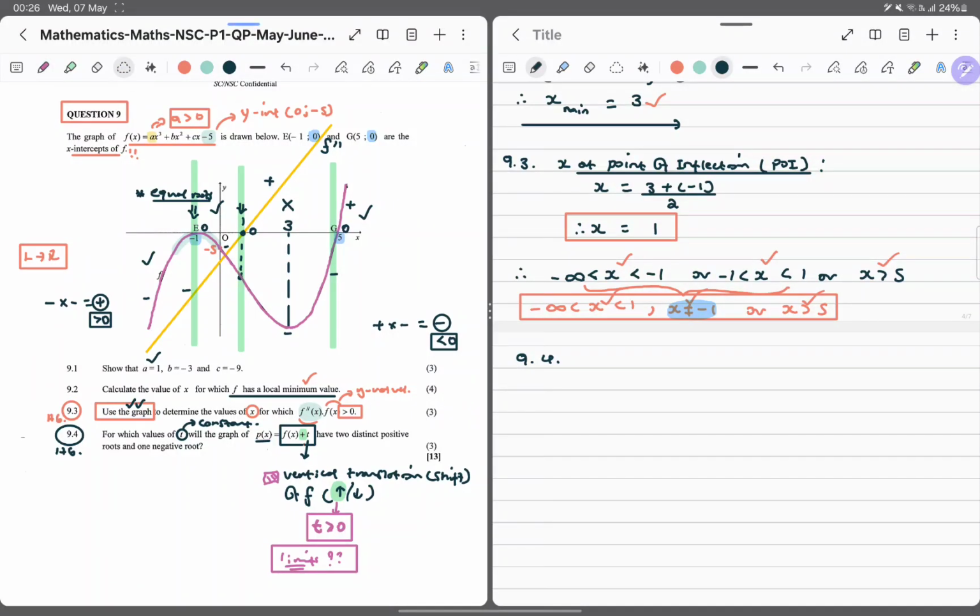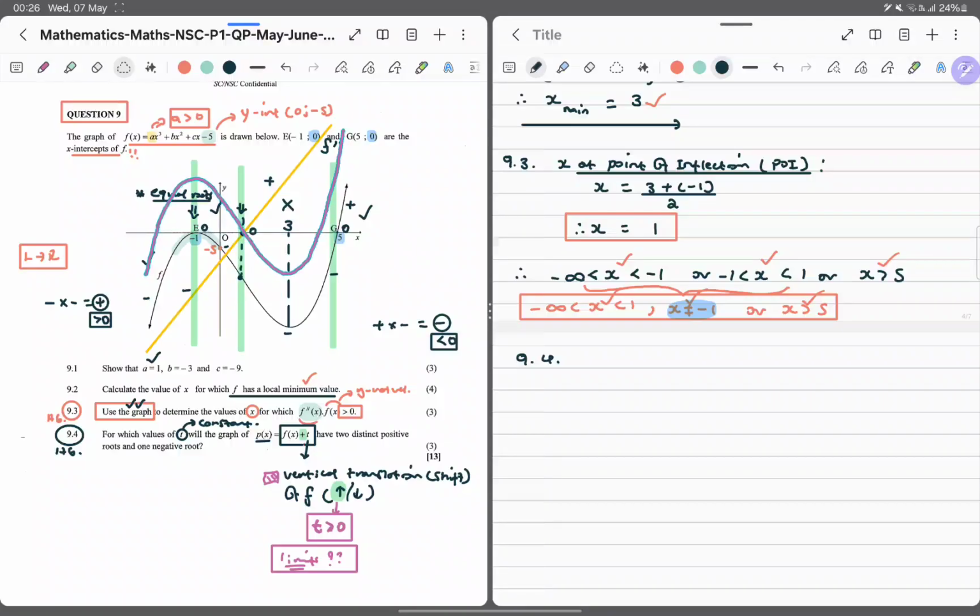Now let's have a look again. Let's move our graph up. As you can see, when we move this graph up, what do we see, guys? You will see that this is the origin, and the x-intercept here is positive, the x-intercept here is positive. So we've got two distinct positive roots and a single negative root. So this is satisfactory.